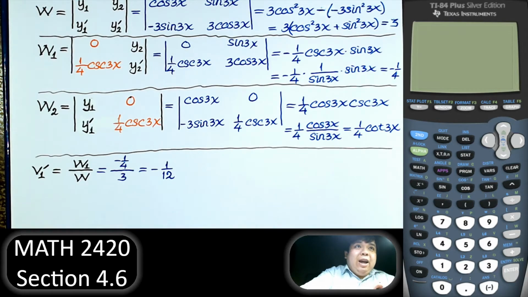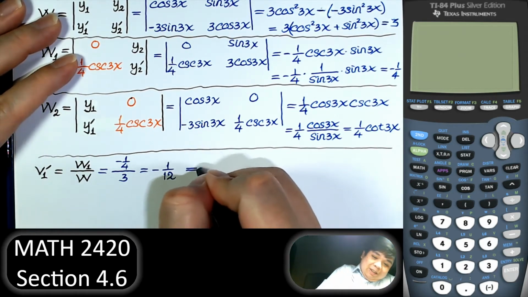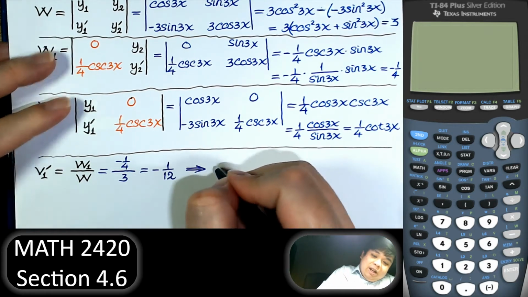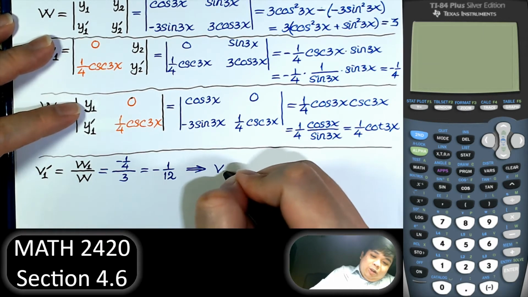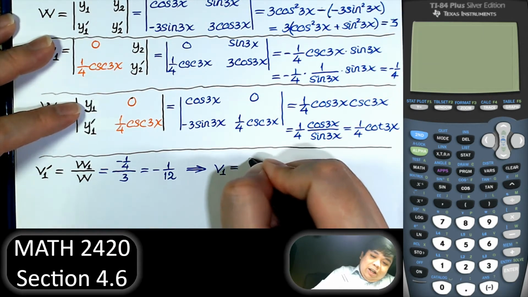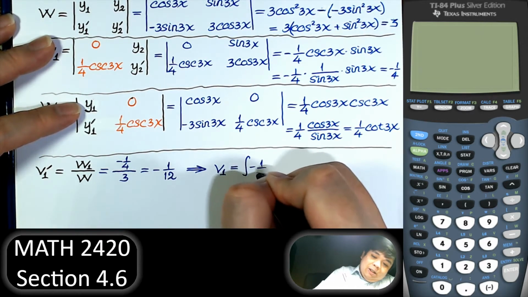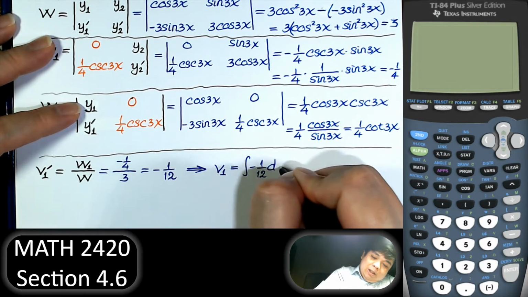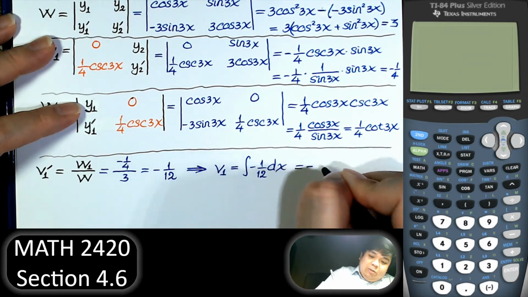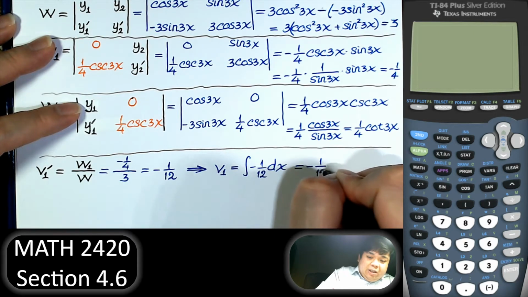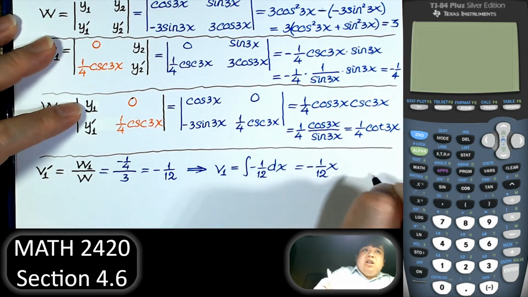Right? Now that's too easy. If the derivative is negative 1 over 12, to get back to V1, I just integrate. And that is negative 1 over 12 x. Don't need a constant here.